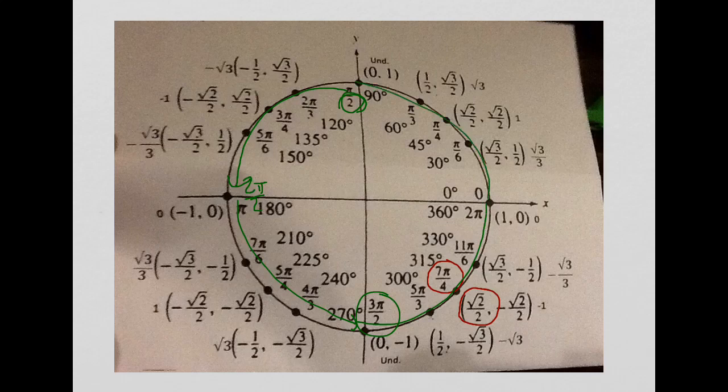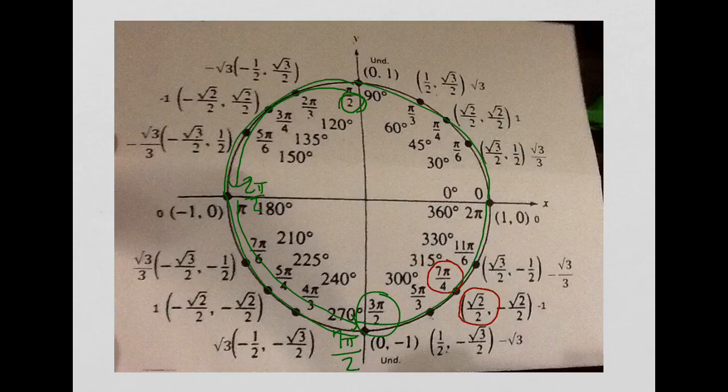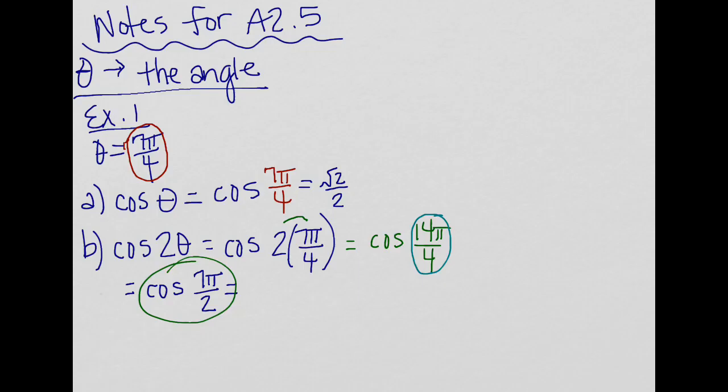This would be 5 pi over 2, 6 pi over 2, and so I'm back here to be 7 pi over 2. Well, 7 pi over 2 is in the same place as 3 pi over 2, so I'm looking for what is the cosine at that point. So the cosine is 0. Voila. Easy peasy.